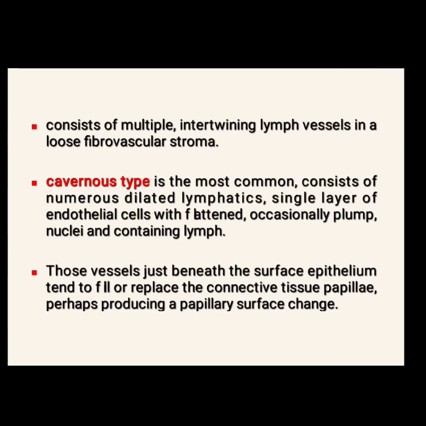So basically we will see large dilated lymphatic vessels lined by endothelial cells, which can be flattened or plump, and the lymphatic vessels will have lymph within them. Those vessels just beneath the surface epithelium tend to fill or replace the connective tissue papillae, perhaps producing a papillary surface change.